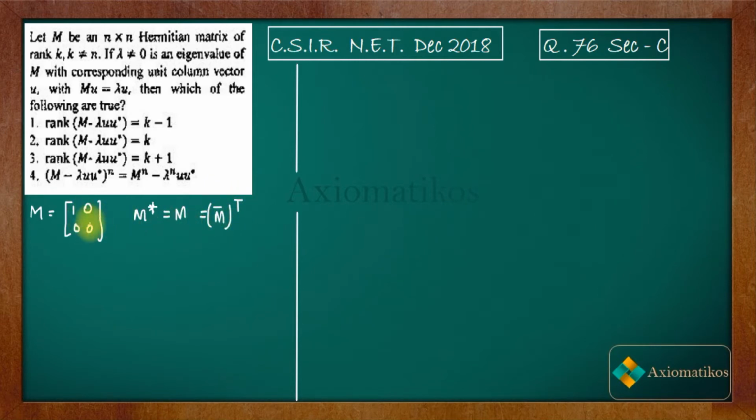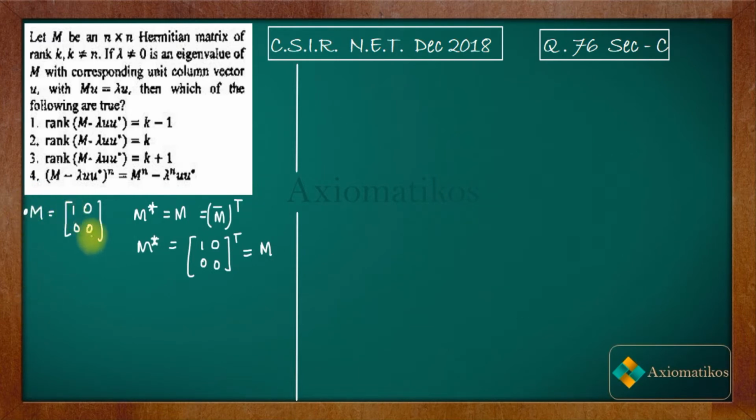This is a real matrix, so conjugating has no effect on it, which means M star is just the transpose of this. It's a symmetric matrix, so the transpose will be M itself. That means the matrix we are taking here is Hermitian.